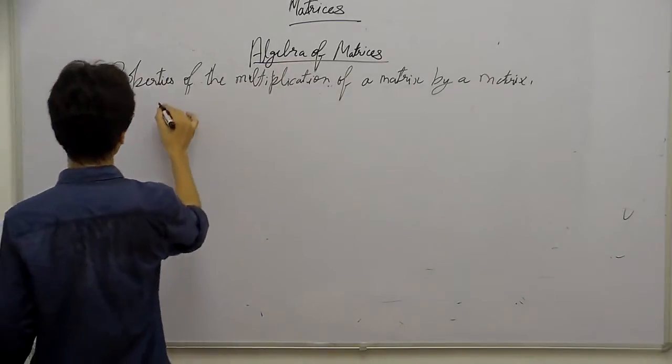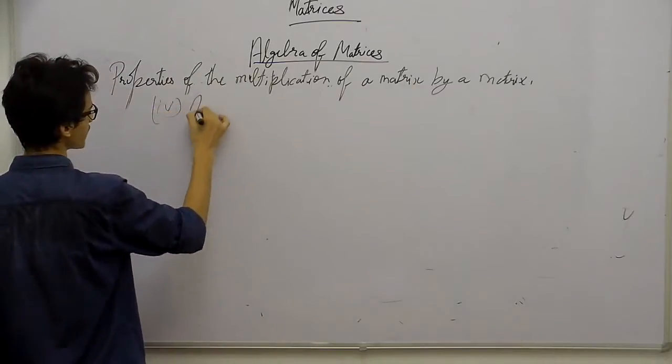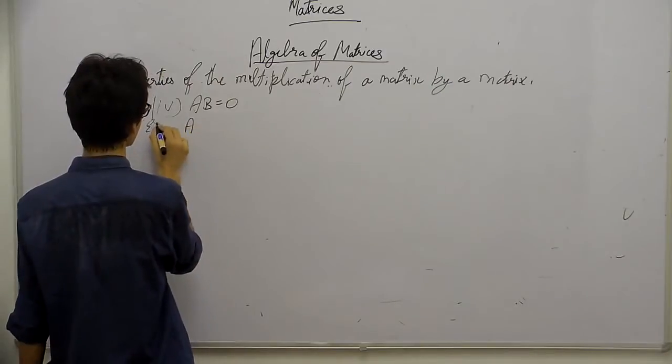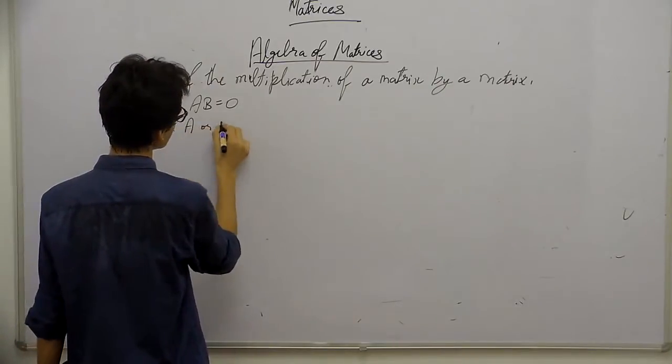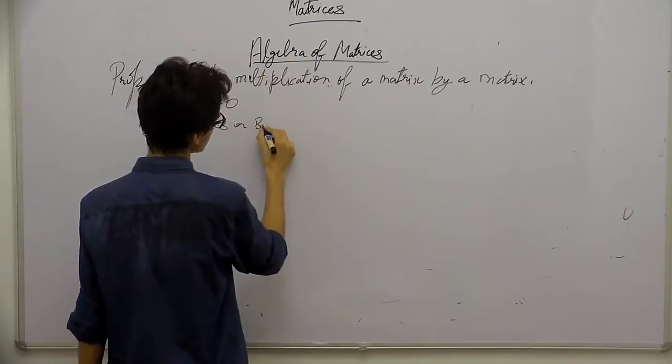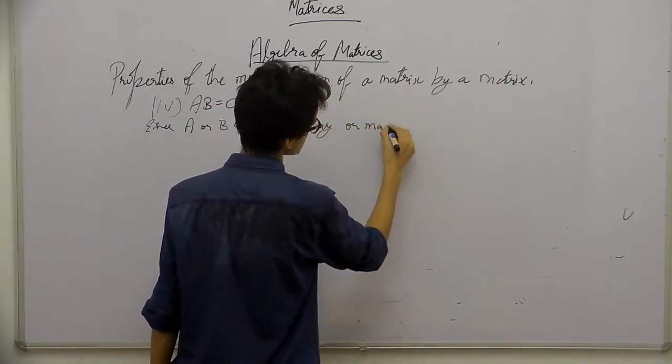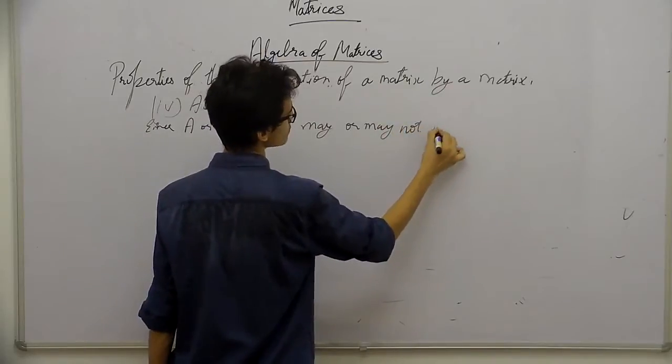So the fourth property said that if AB is equal to 0, either A or B or both may or may not be 0.